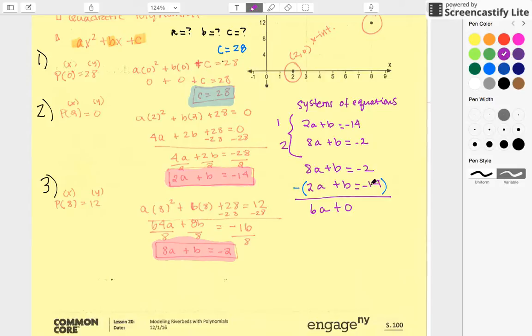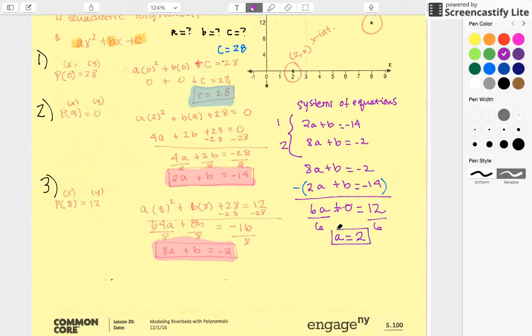Negative 2 minus a negative 14, that will change signs. So I'm going to get positive 12. So then this becomes 0, so I can just eliminate that. So 6a equals 12. So I want to find what a is, so I'm going to divide by 6, divide by 6. Therefore, a is equal to 12 divided by 6, which is 2.